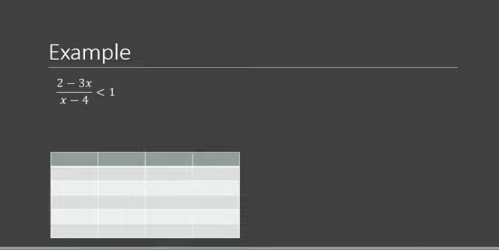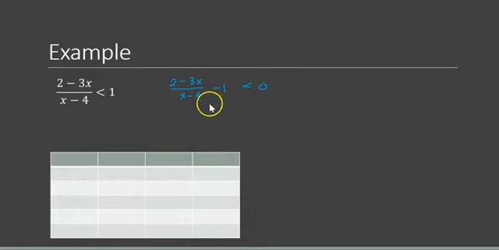Let's have another example. So we have a single fraction here, but our right side is not yet 0. The reason why we want to make this 0 is just to make the checking easier. So I'm going to transpose the 1 to the left side, and then this becomes less than 0.